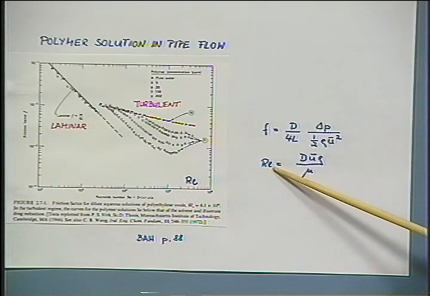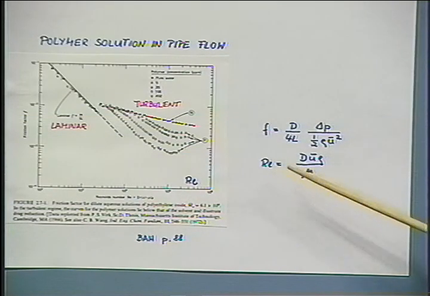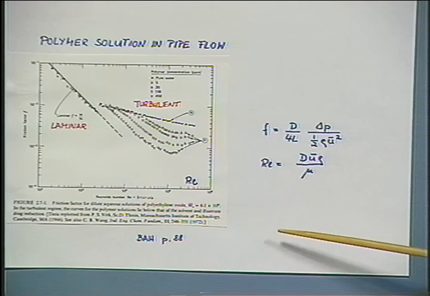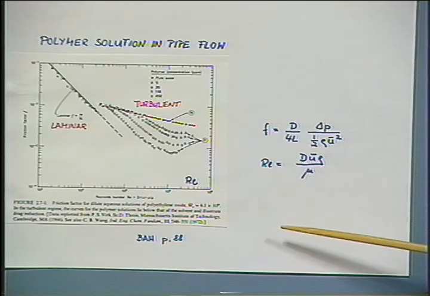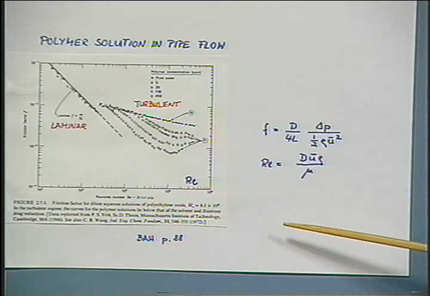Yes? Are you going to define what the symbols are for like friction factor, etc.? The question is, what's the definition of the friction factor, and other symbols I'm using here, shear stress and gamma dot wall. Answer is yes, I will define those in detail. We will talk about capillary rheometry, and then we talk about those flows in detail.